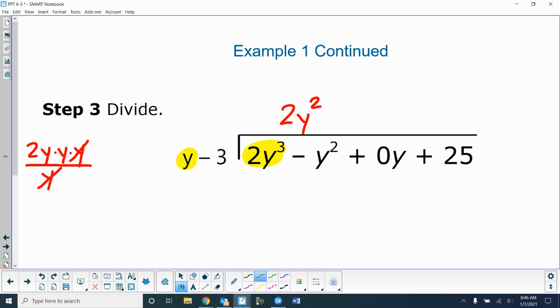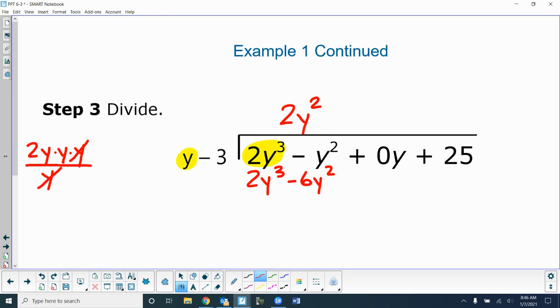Now, what do I do with this 2y squared now? Bring it down. Multiply it by both of those. So 2y squared times y, and 2y squared times negative 3 is 6y. Like terms are lining up, right?